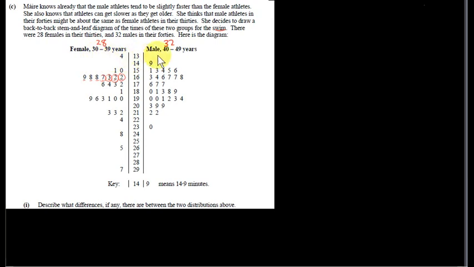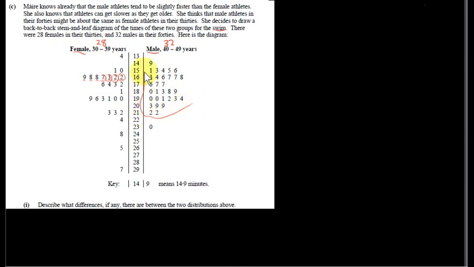Now, if there was a significant difference between the times for the females and the males, then you would expect less symmetry here. For example, if the males took significantly longer than the females, then you would expect a load of values further down this stem and leaf diagram.